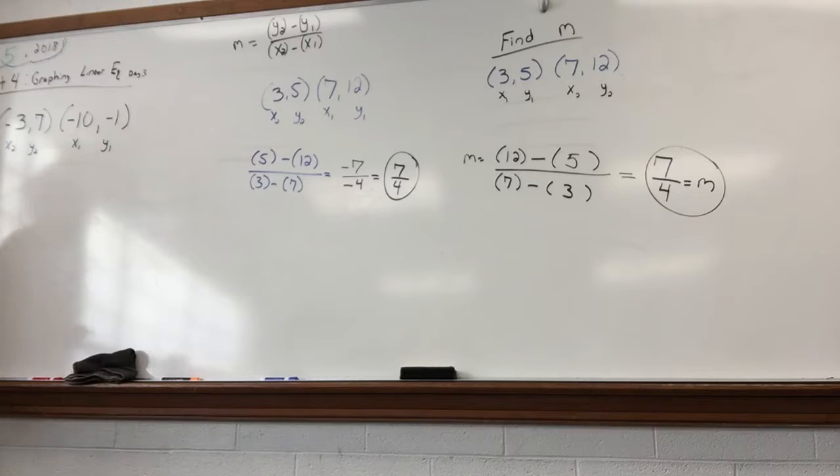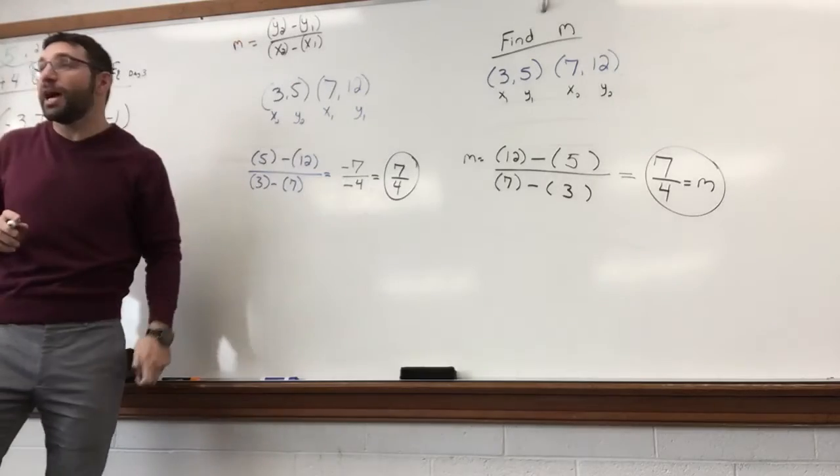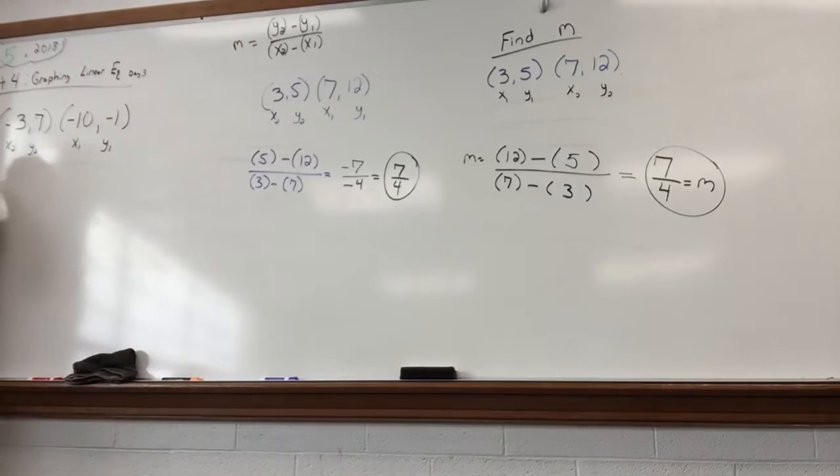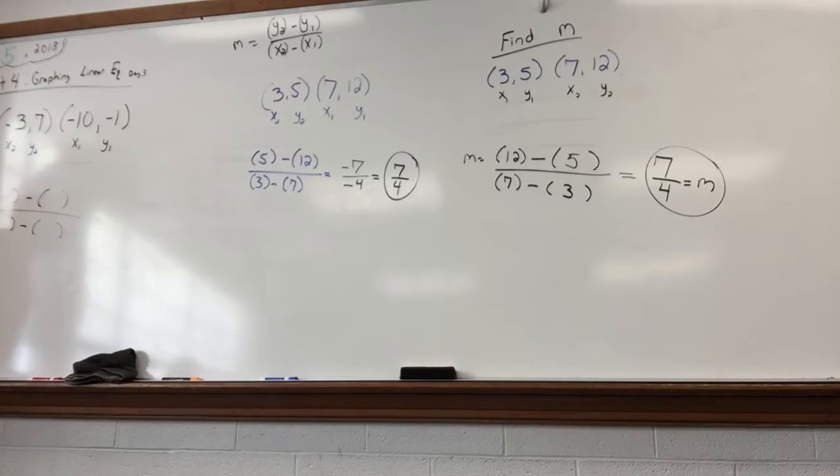Okay, here we go. Substituting in. This is why it's important to have our parentheses. So, I know that my problem has to look like this. Does everybody agree? I would almost even start every single time finding slope with some empty parentheses and a minus sign.